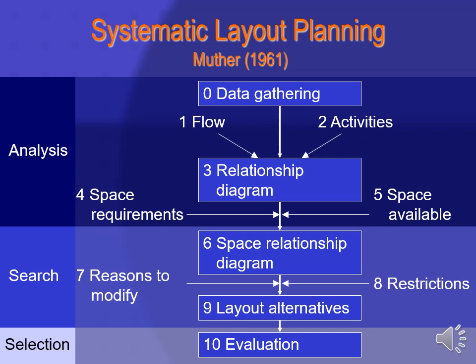One is flow, second will be the activities, third relationship, fourth one is the space requirement, fifth one is the space available. These will be taken after the analysis and whatever we take comes under such reason to modify space, restriction layout, and after that we select for the evaluation.